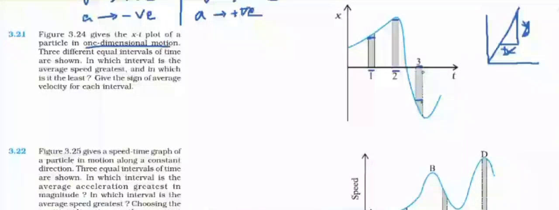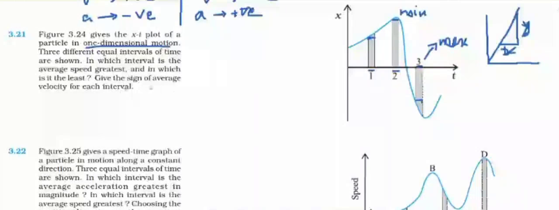In the third case, the maximum average velocity is there, while in the second case it is the least. Third case it is maximum, and it is minimum in the second case.